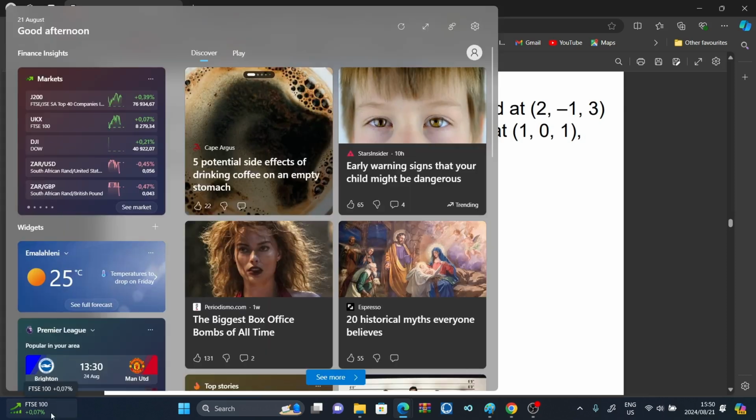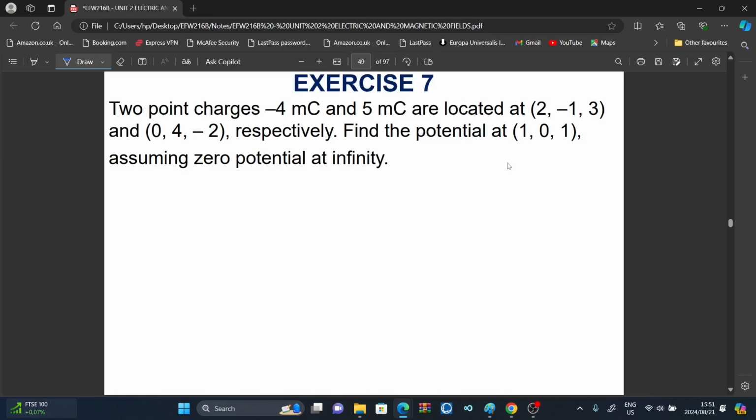So let's just draw a simple rough diagram. Let's say this is our point 4 millicoulomb, that is our 5 millicoulombs, and we have our point somewhere there, right? So we want to see what is the voltage applied to this point, let's call it VR.